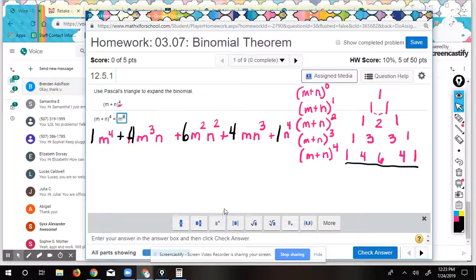So you could just type in m to the fourth. I'm really glad we're doing odds because this assignment is kind of a pain in the butt.